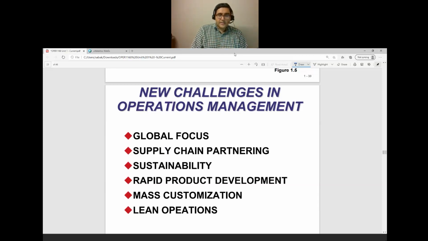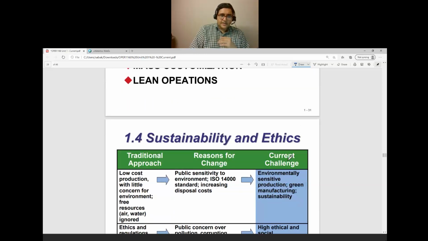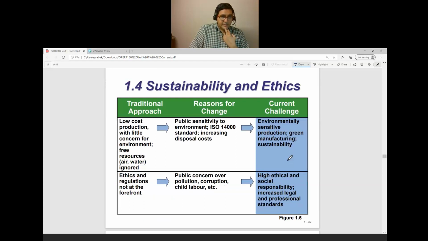We will discuss a little bit of it in this chapter towards the end. So sustainability refers to using your resources effectively so that you don't really spoil the environment. You don't want to make your resources extinct. Now, there are things like lean operations and mass customization. These are the concepts which are coming up, which I will not discuss now because we are studying these in our subsequent chapters.